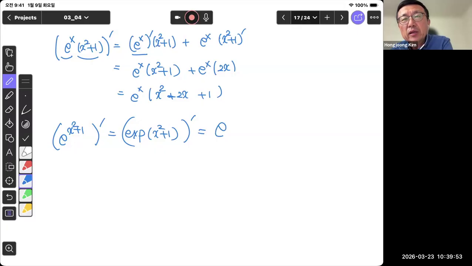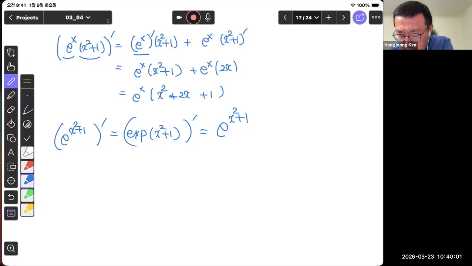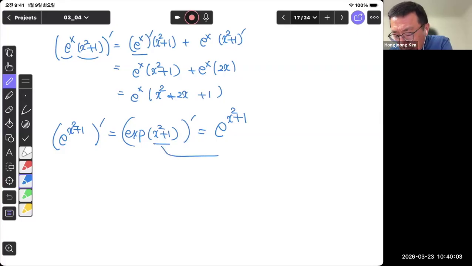You evaluate that exponential function at the inner function, x squared plus 1. But that's not the end. You need to multiply by the derivative of x squared plus 1, the inner function. So you get e to the x squared plus 1 times 2x.